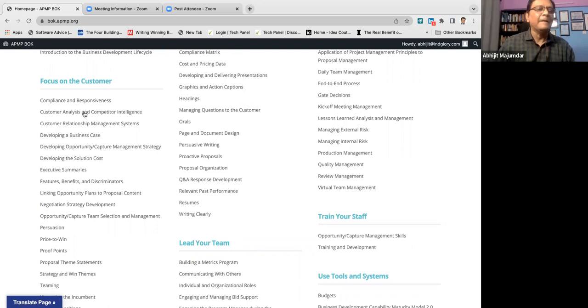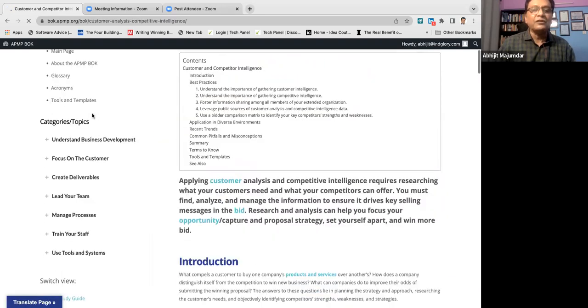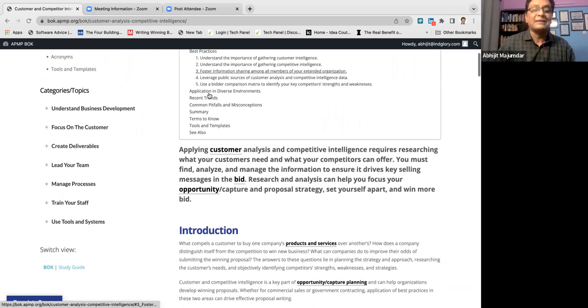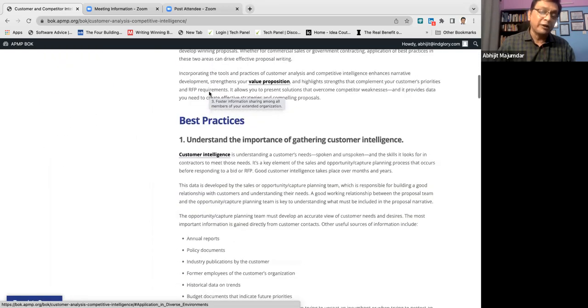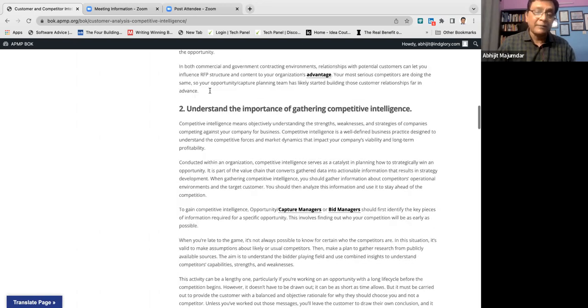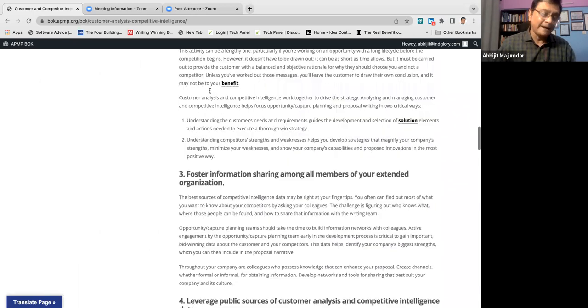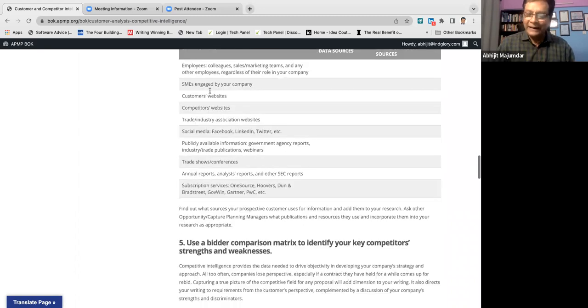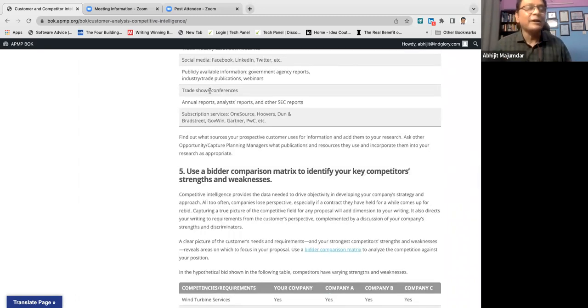If you open up this topic, customer analysis and competitive intelligence, you see there are 5 best practices related to it. Scrolling through it, reading all the 5, finding out what the best practice is, what the keywords are. If you have that tenacity, that diligence, that discipline, you can do it.